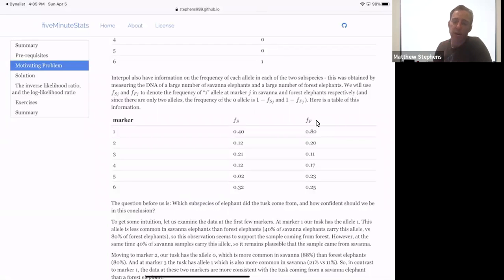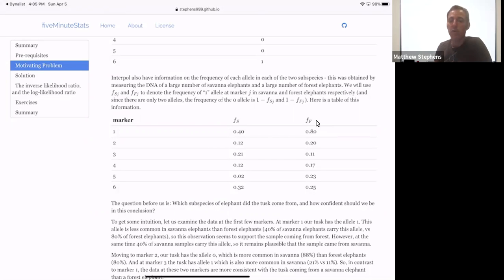So this table here, I'm assuming this is given to me, and that I know that, say, at marker 1, 40% of the savanna elephants will have allele 1, they'll be of type 1, whereas of the forest elephants, 80% will be of type 1.